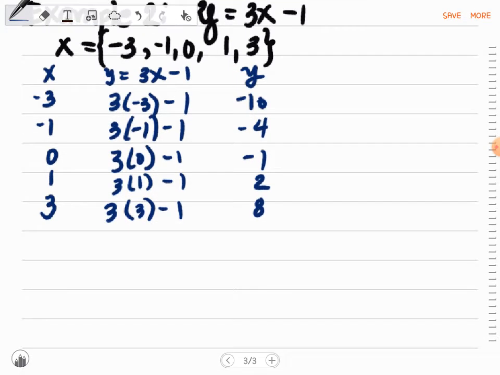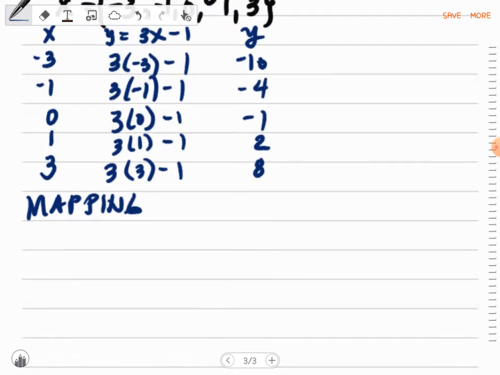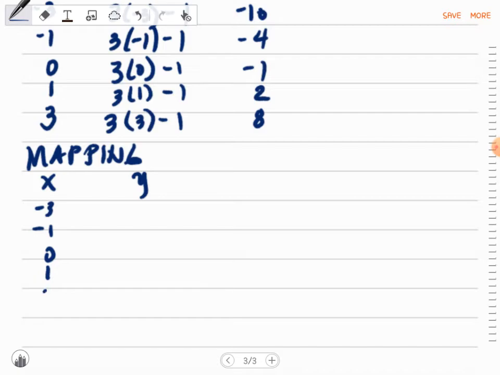And first, we will represent this into mapping. So we have mapping. For the one-to-one inverse, we have the following. So we have x and y. And the values of x are negative 3, negative 1, 0, 1, and 3. And for the y, we have negative 10, negative 4, negative 1, 2, and 8.